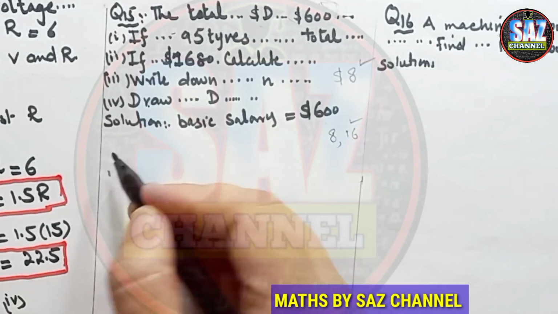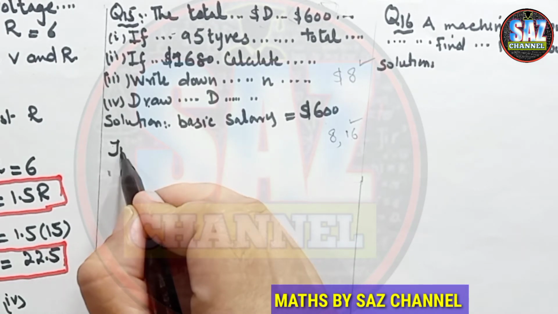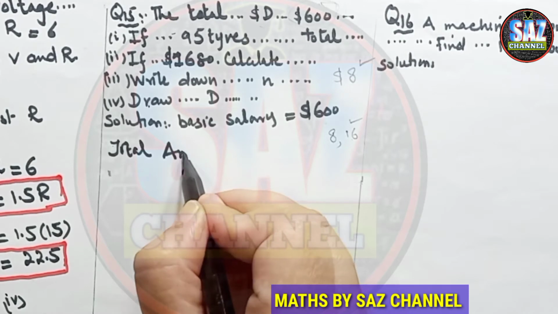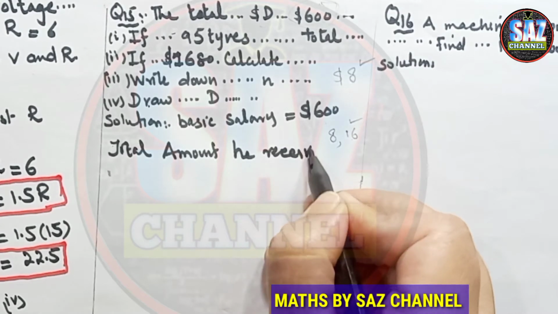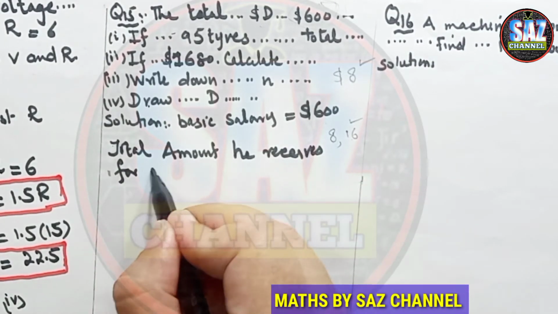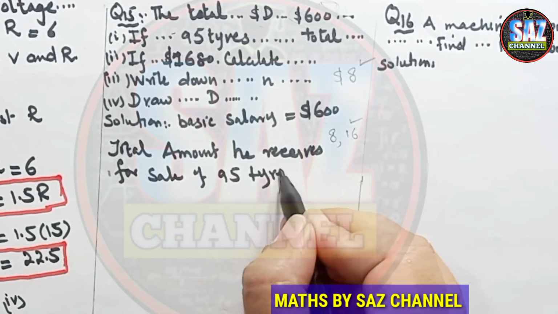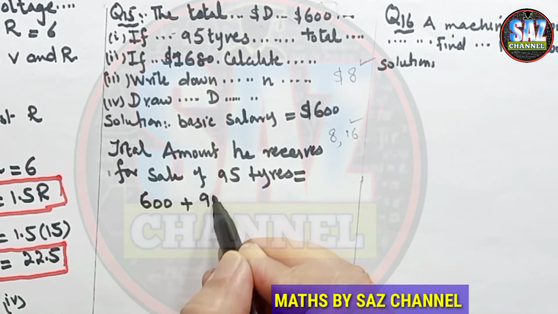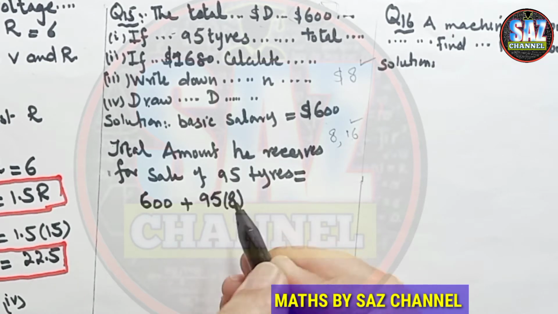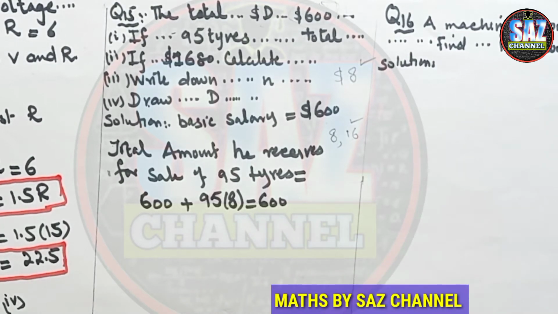So the total amount he receives for the sale of 95 tires will be equal to the fixed amount 600 plus 95 multiplied by 8. 95 multiplied by 8 gives me 760.